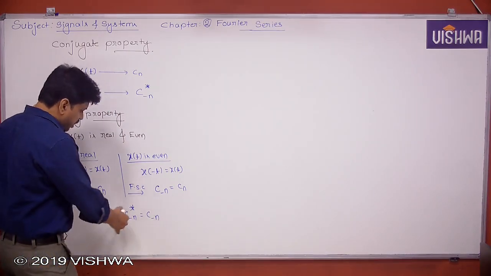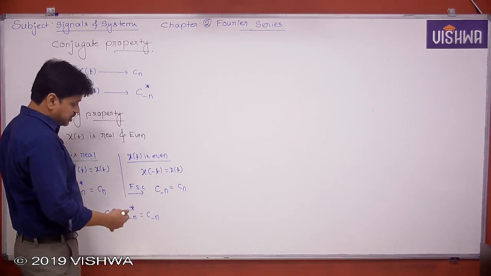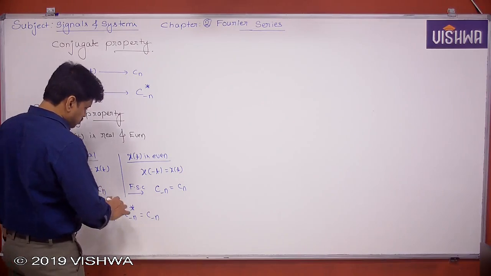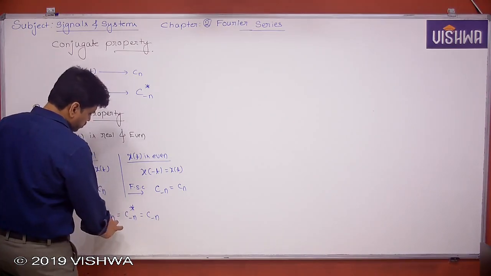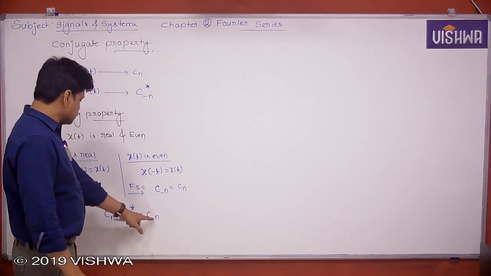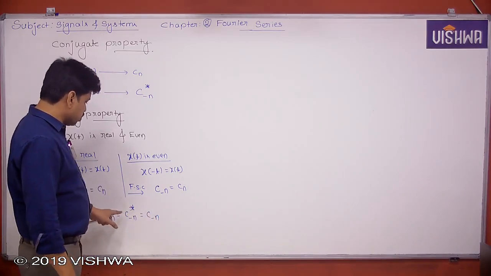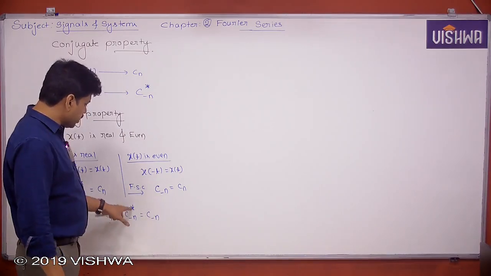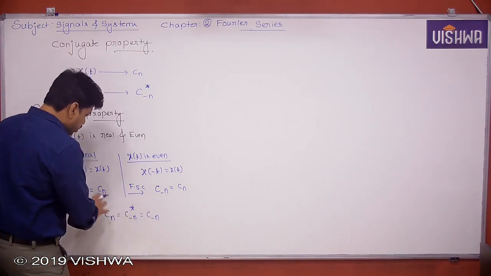So by seeing this, what can we say? Cn and c minus n are both the same. That is nothing but an even function. Cn is equal to c minus n conjugate, so c minus n conjugate is equal to Cn.